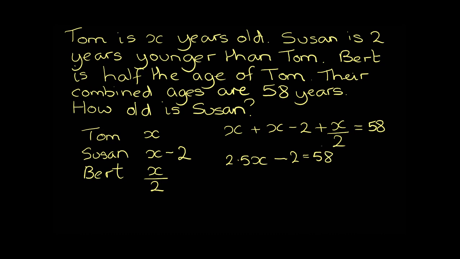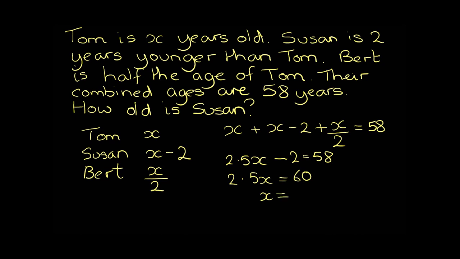So the next thing we're going to do is add 2 to both sides. So we've got 2.5X equals 60. So we've added 2 to both sides to get rid of that minus 2. So to find out what X is, Tom's age, we now need to divide by 2.5.